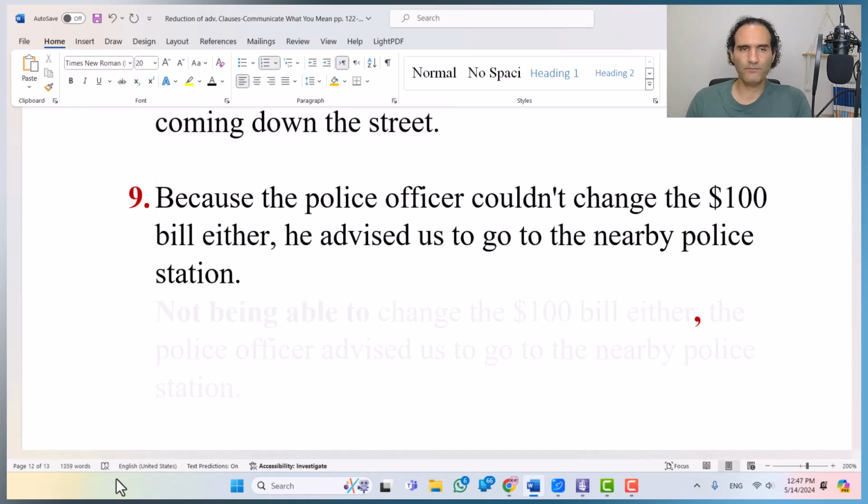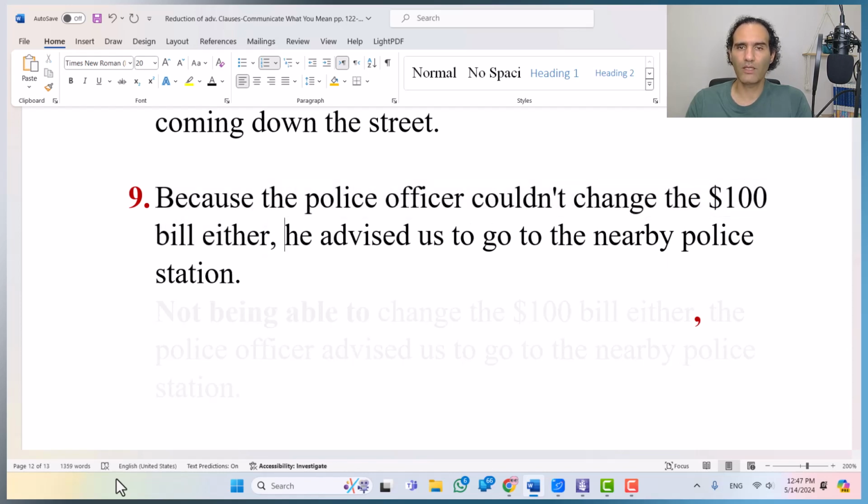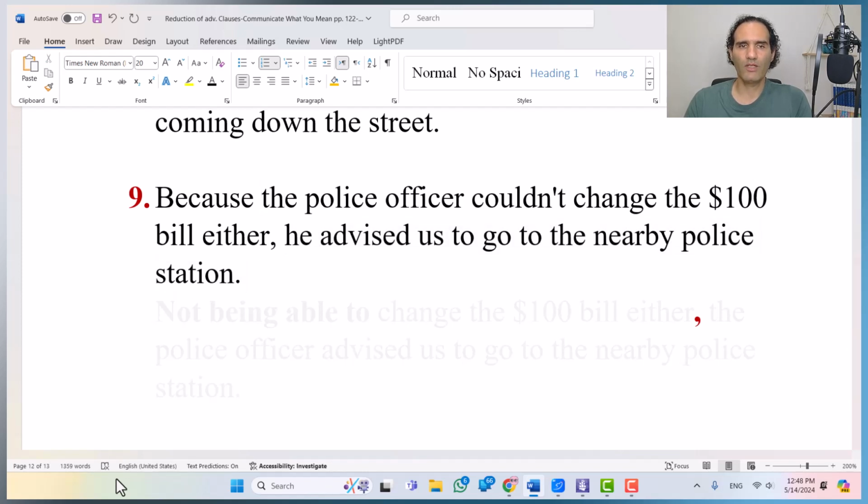Number 9. Because the police officer couldn't change the $100 bill either, he advised us to go to the nearby police station. A very beautiful example here. What do you say to this one? Subjects are the same, so you can reduce it. Omit because, omit the police officer, and add ing to this. How do you add ing to couldn't change?